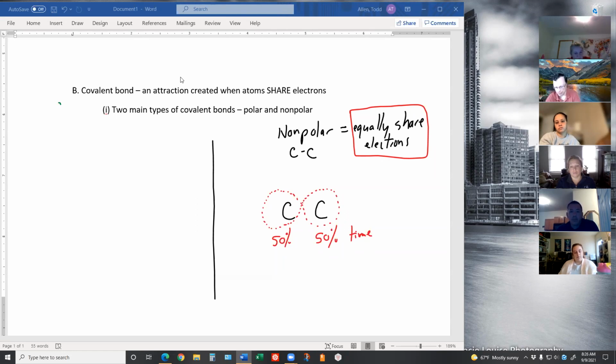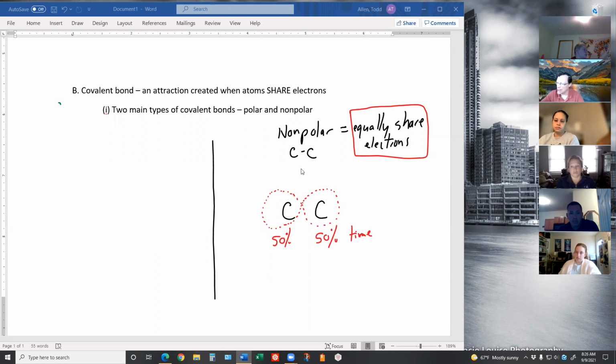Certain atoms prefer to make these kinds of bonds. And I will say right now, as sort of a punchline, typically when you're dealing with nonpolar covalent bonds, one of the common features is that the two atoms participating in the bond are identical. It's carbon on one side, carbon on the other side.